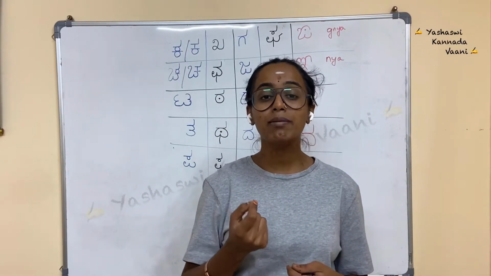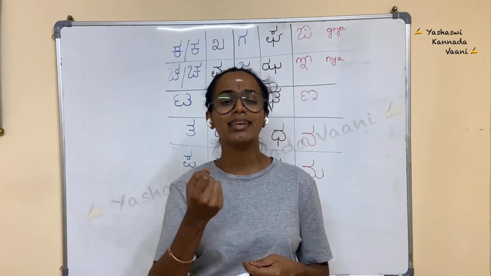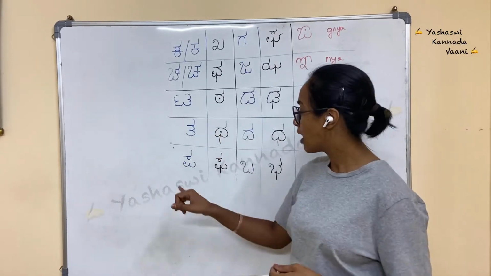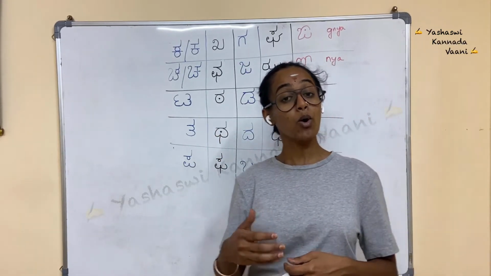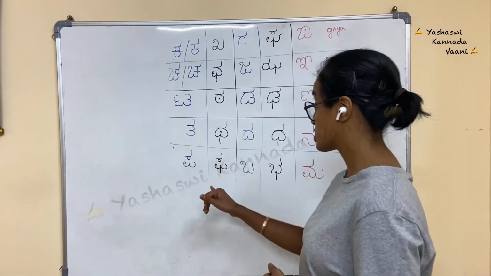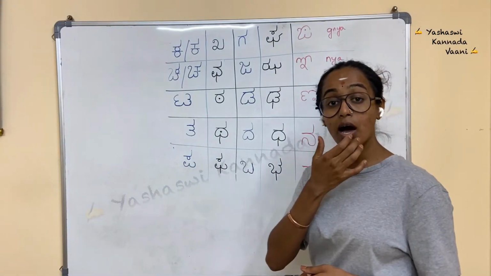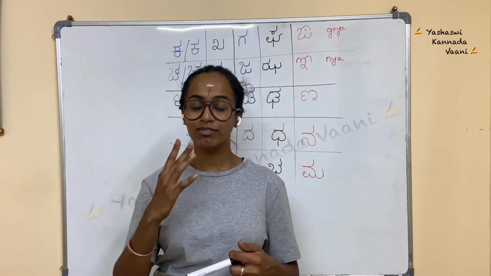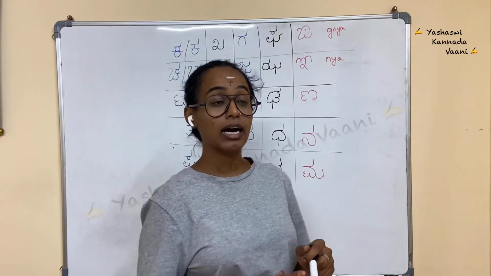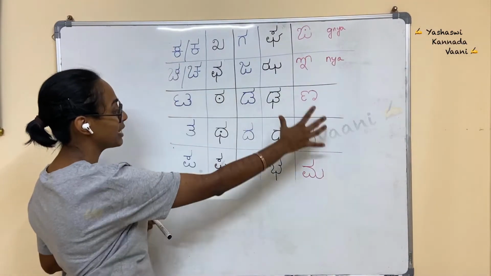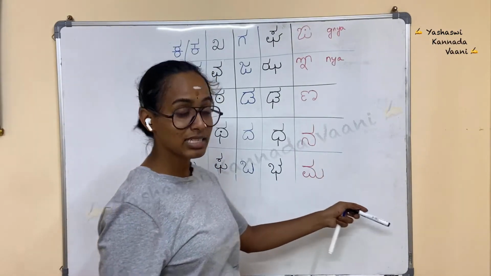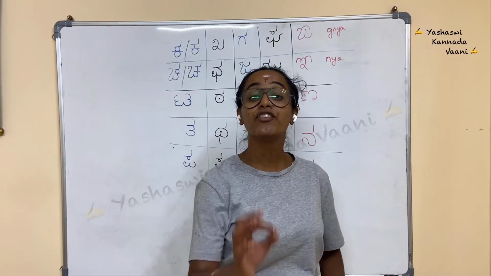Alpa prana: alpa is less, prana is breath. Less breath letters are the blue letters. More breath letters are the black letters. Mahaprana. Understood? Wonderful. So this complete thing till the next 9 letters is called Vyanjanagalu.